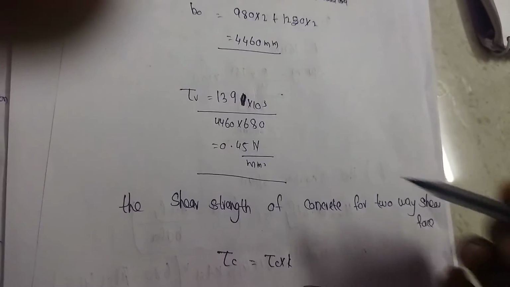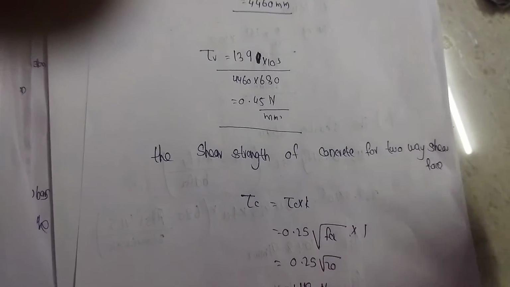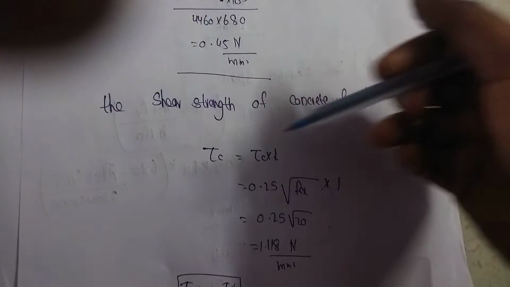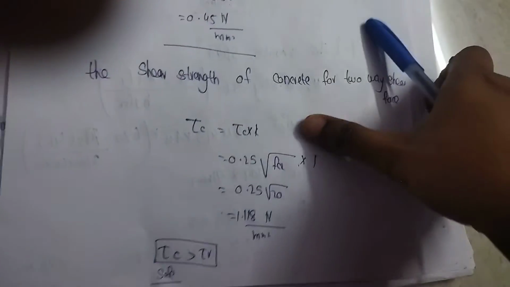Then tau v is calculated by this equation. Then the shear strength of concrete for two-way shear is given by the equation. Assume the value of ks as 1. Then compare tau c with tau v for two-way shear.